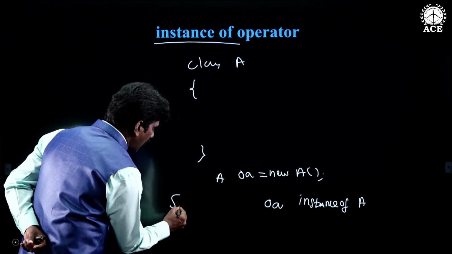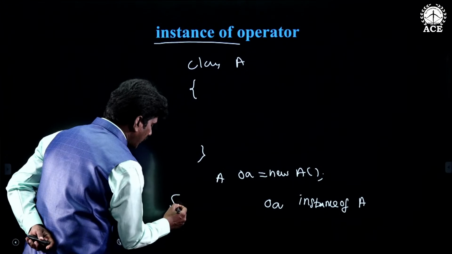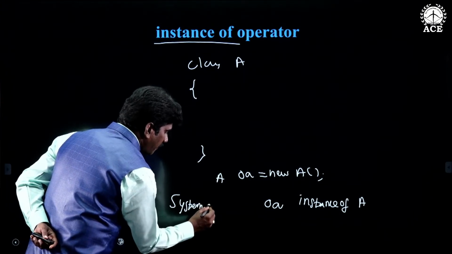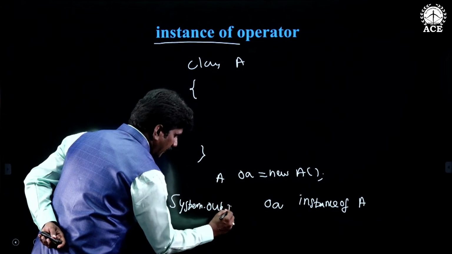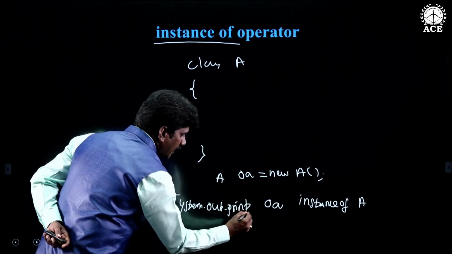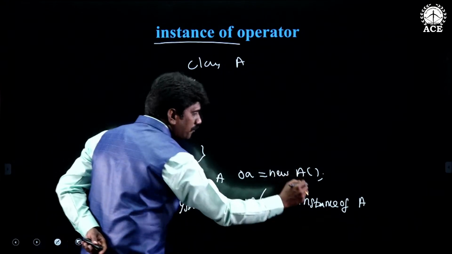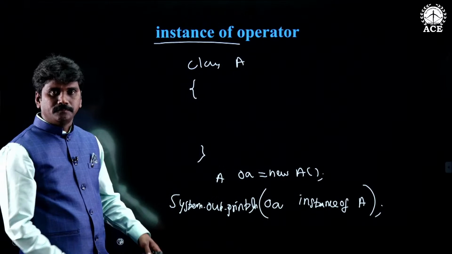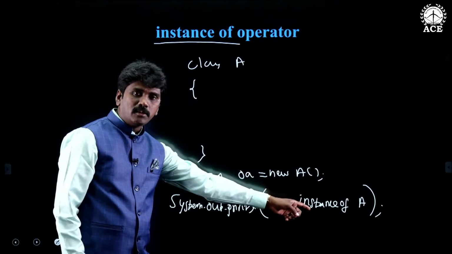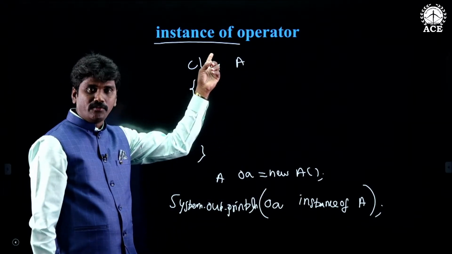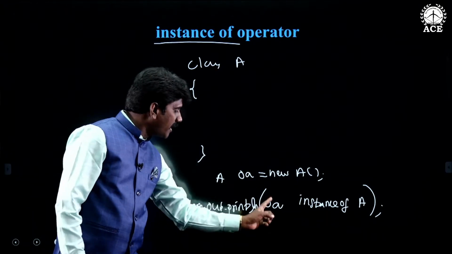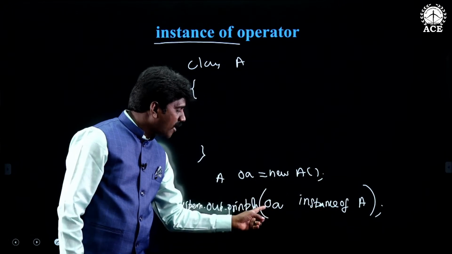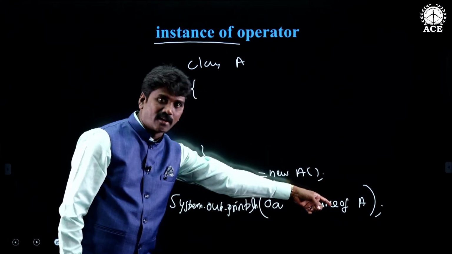For example, if you would like to print the result, with the help of the println statement we can take. For example, I am writing here System.out.println of OA instanceof A. As we have seen, the operator instanceof is used to check whether an object belongs to a class or not, whether this object is an instance of that class or not.